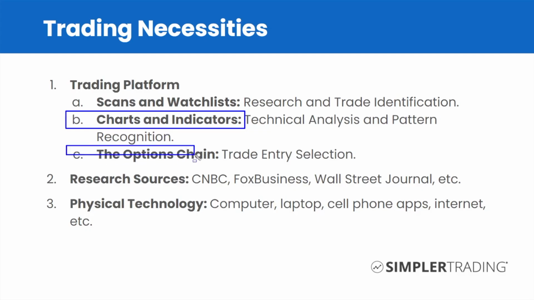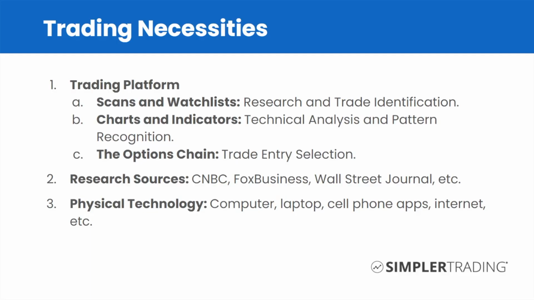The most obvious thing here is going to be you need a platform that has an options chain. There's been a lot of brokerages recently that have started adding options data. Their options chains are not going to be as customizable and robust as what some of these platforms are that are specifically for options trading.